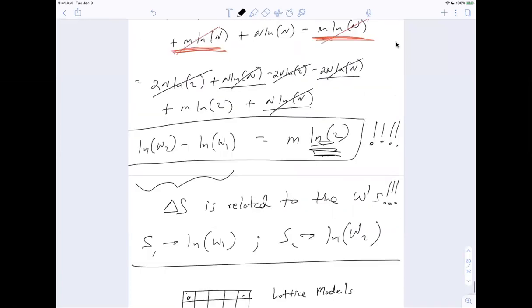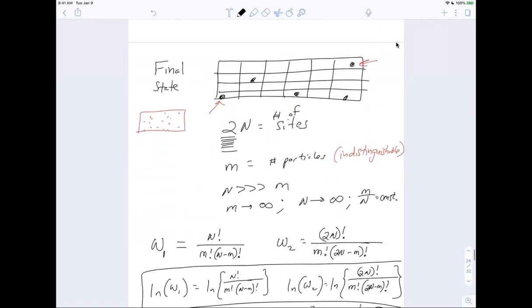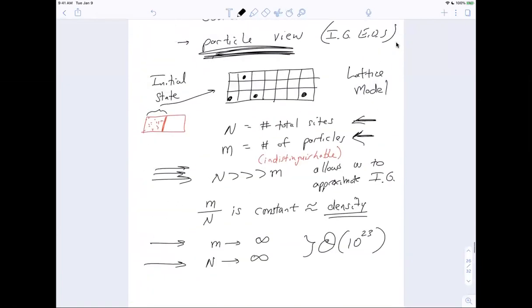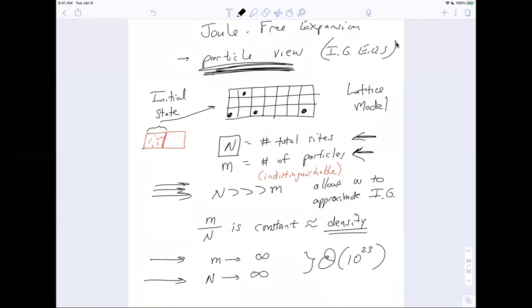So with the lattice model, we saw, let me just scroll back to our initial state where we have particles in a box where we have n sites, where n is this capital N, okay, and that's a proxy for volume, if you will, in our macroscopic case for the Joule-free expansion. And we have all these constraints that I'm not going to go over again, but they're available on the uploaded lecture.